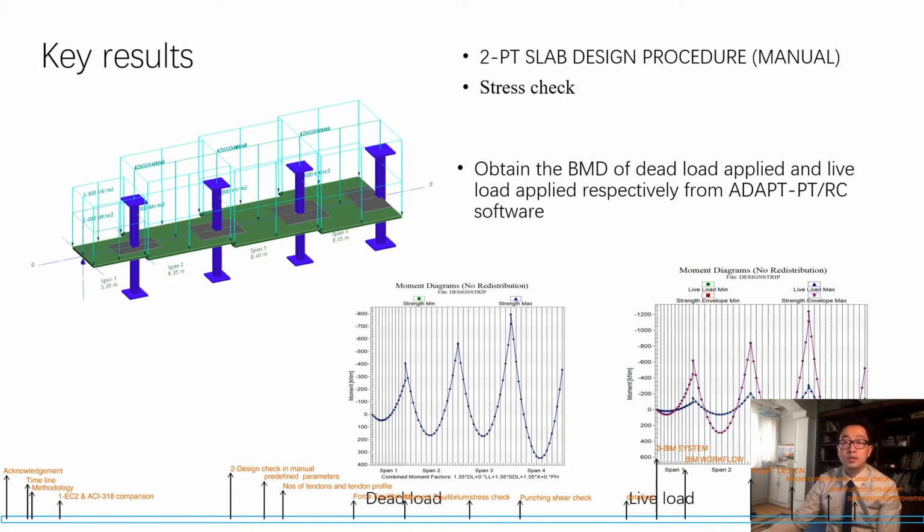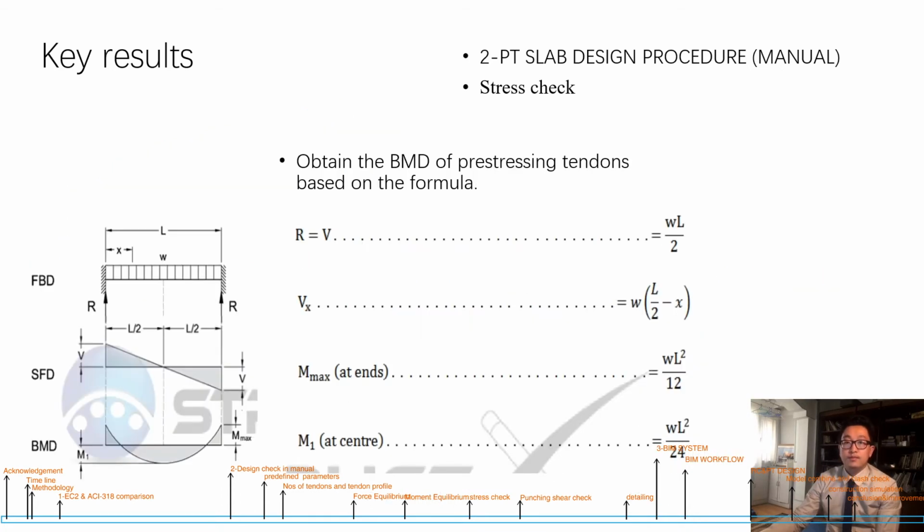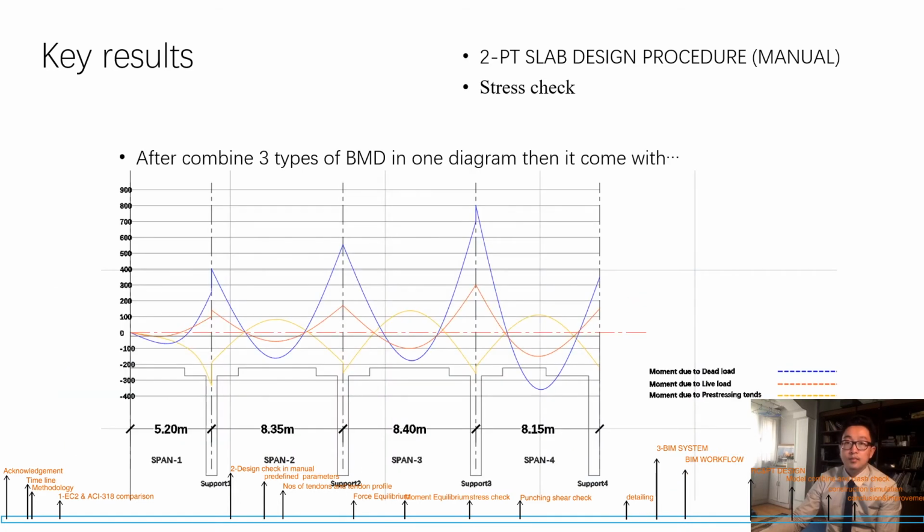You just need to input the data, and it will generate the BMD of the dead load and the live load of the whole span respectively. Next, the moment due to the pre-stressing tendon can simply be calculated using this formula. As a result, we get a BMD due to the three types of load.